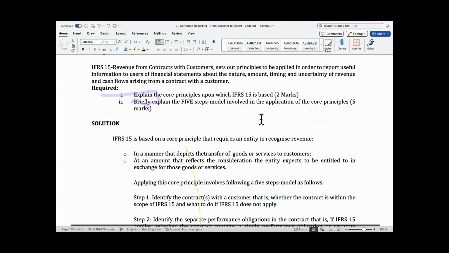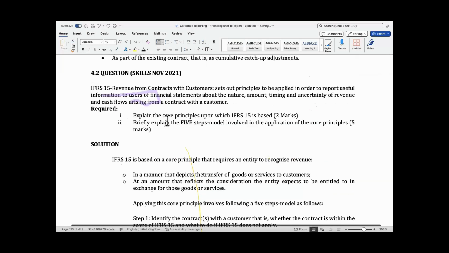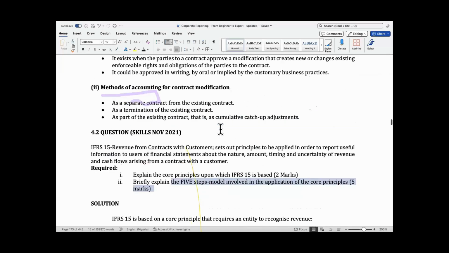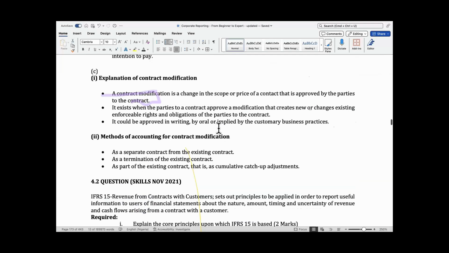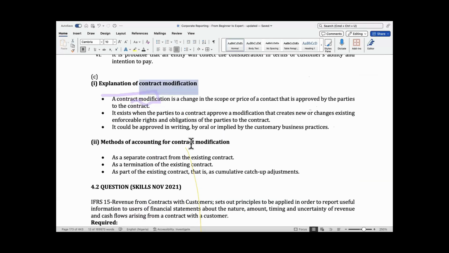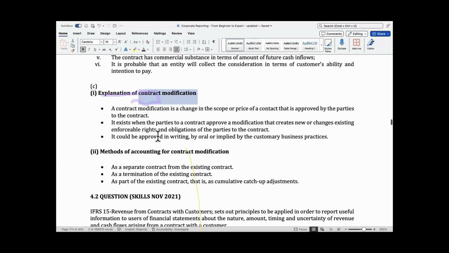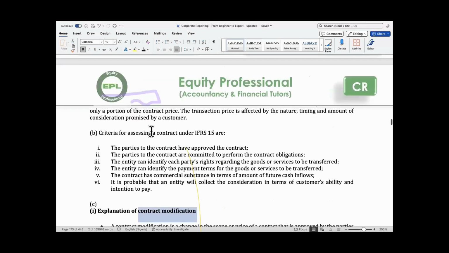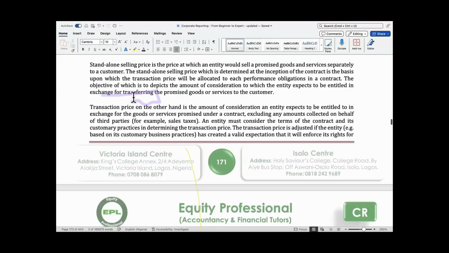Explain the core principle in IFRS 15, which is that you only recognize revenue based on the consideration expected from the transfer of promised goods or services. Explain the five-step model. Simple questions all along. Explain contract modification. Distinguish between transaction price and standalone selling price. Those are the kinds of questions they have been asking.